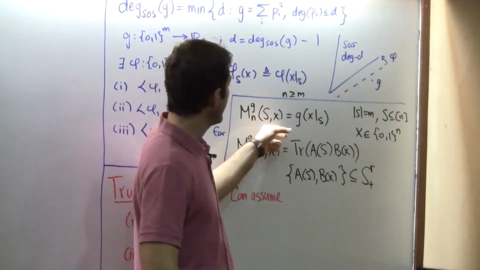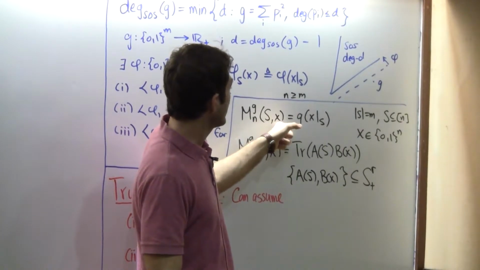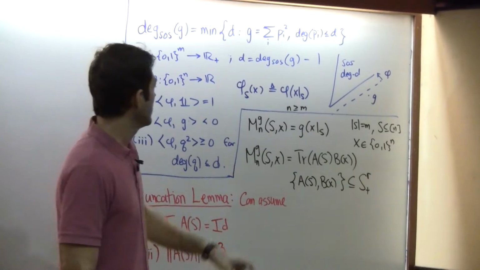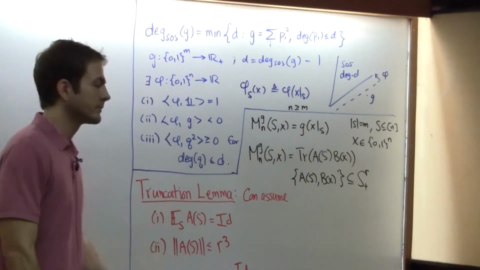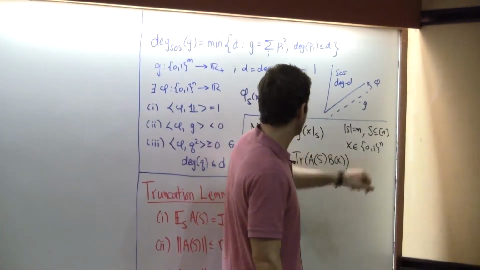And this matrix contains the evaluations of g at all of the restrictions of x to subset of size m. So for every subset of size m, we can evaluate g on the restriction. This gives us a big matrix. It's n choose m by 2 to the n.